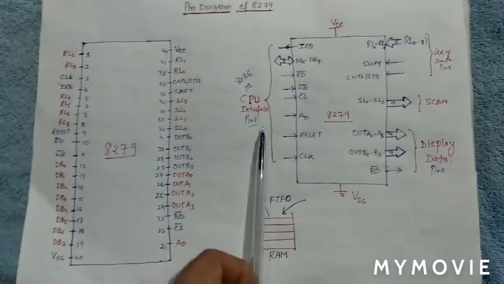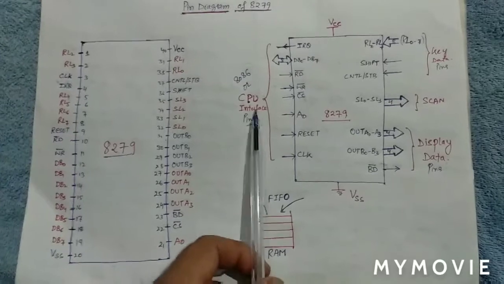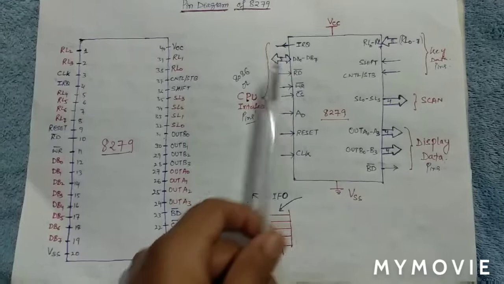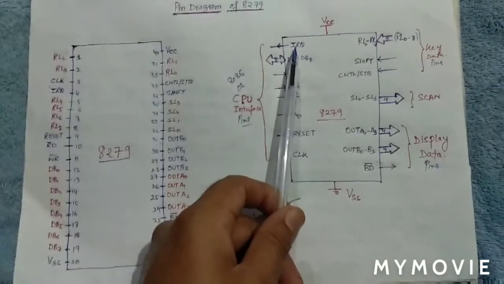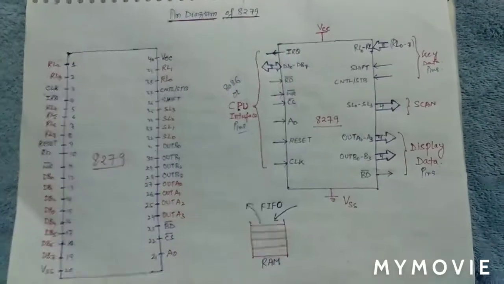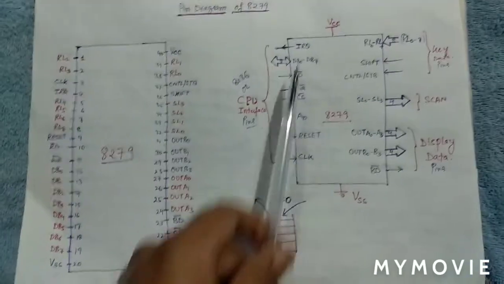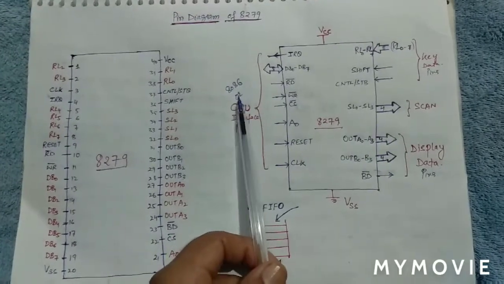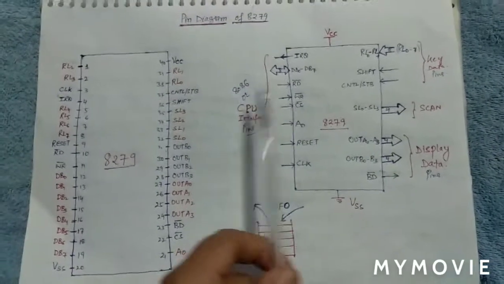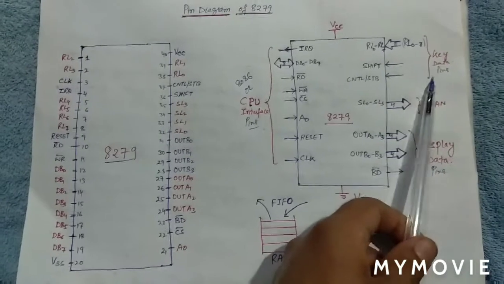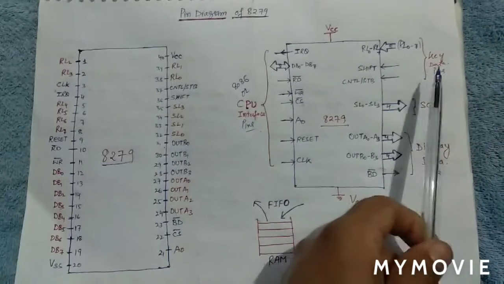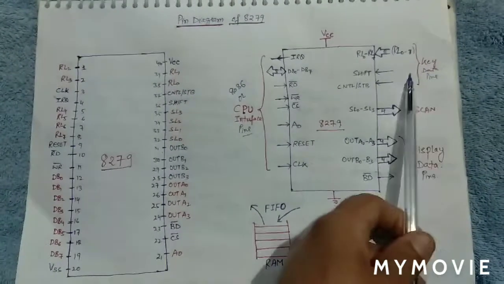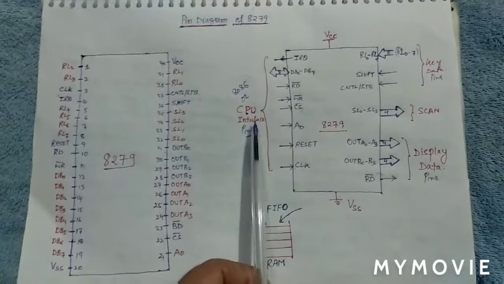In the first category of pins, that is the CPU interface pins, the first pin is IRQ, the interrupt request pin. This pin is used to interrupt the 8086 microprocessor when any key from the keyboard is pressed and that pressed code is to be transferred from the keyboard to the 8086 processor.